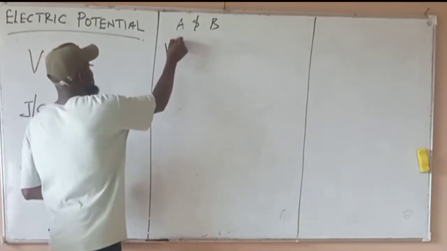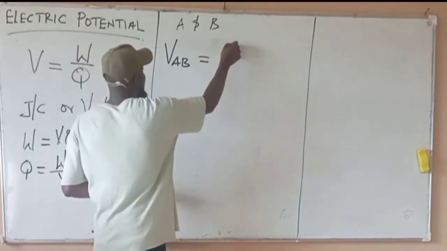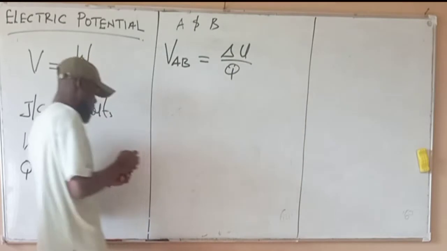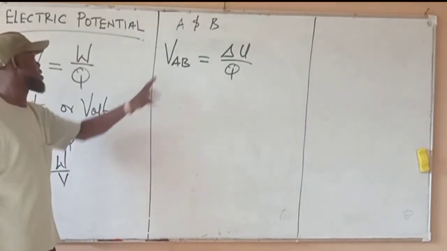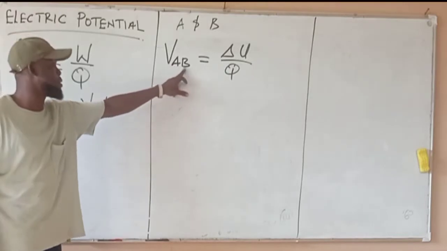Potential difference between 2 points A and B is equal to change in potential energy over charge. So VAB is called the potential difference between points A and B.